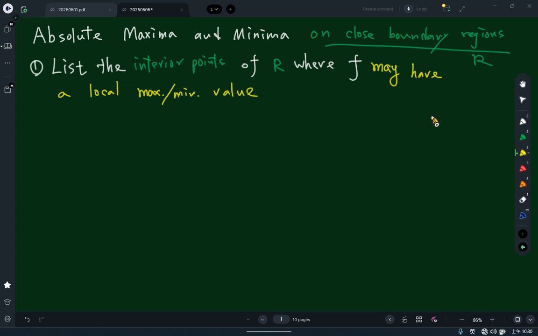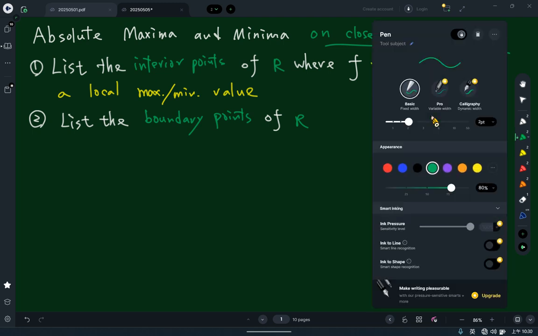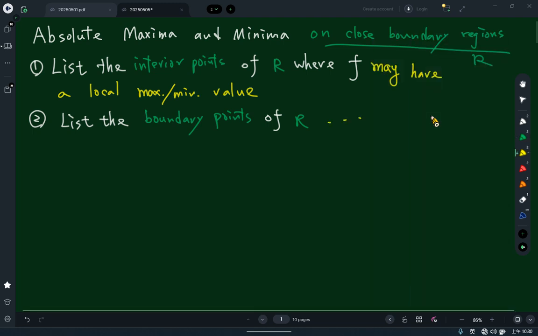This is just for interior points. And the second part is please just list the boundary points of R where f of x, y may provide a local maximum or minimum value.